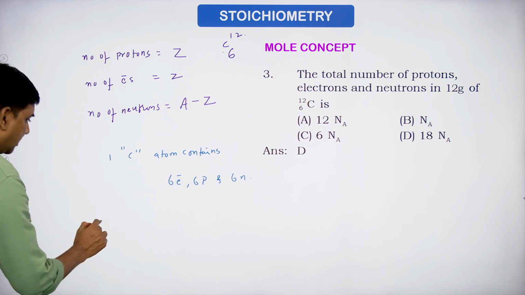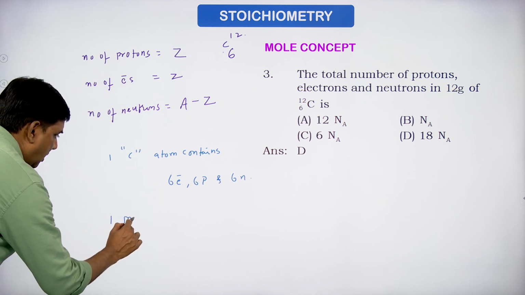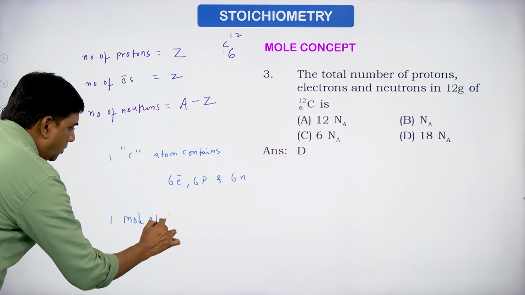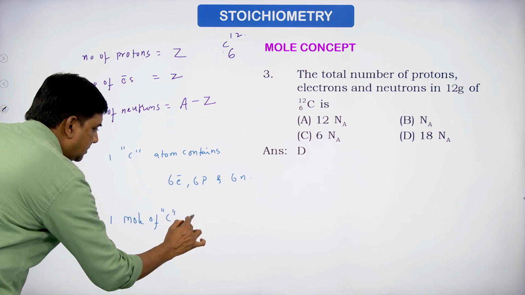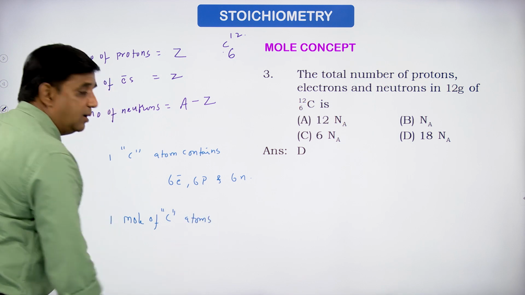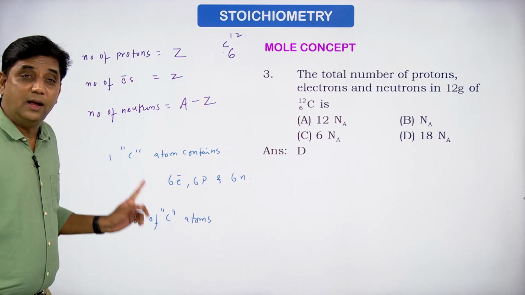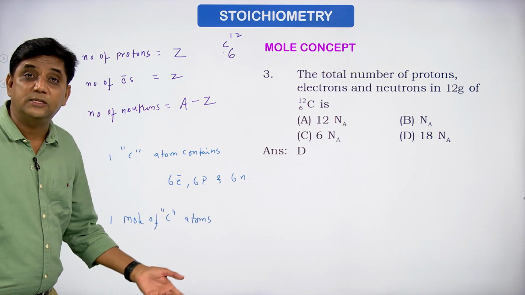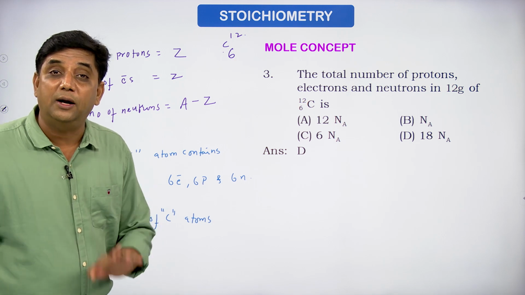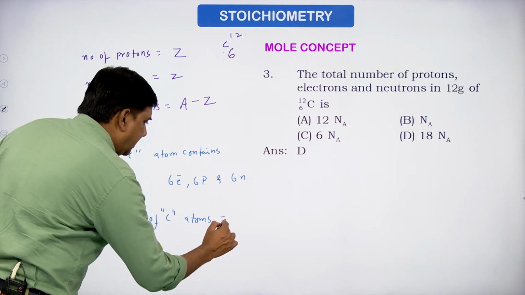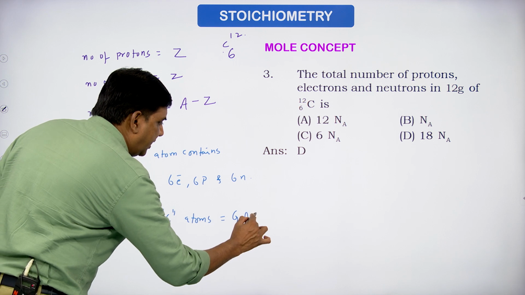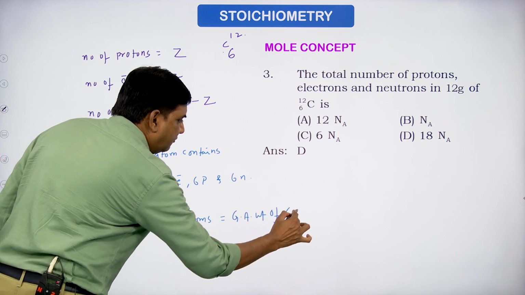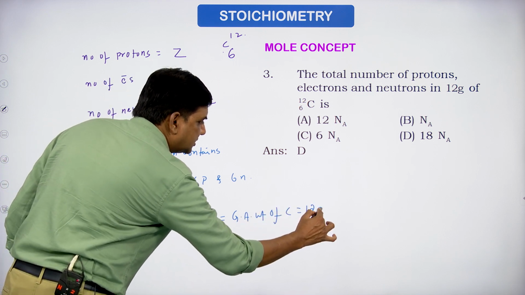Therefore, 1 mole of carbon atoms, whose mass expressed in grams is nothing but the gram atomic weight of carbon, is equal to 12 grams.